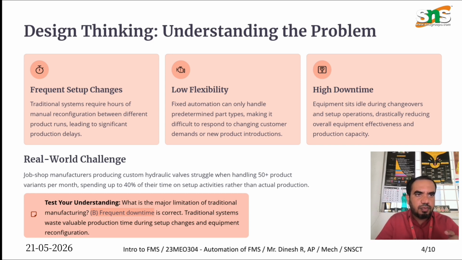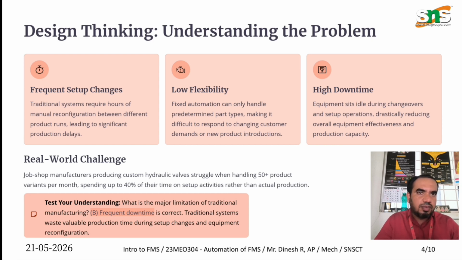For example, if we are producing a part and alter any design in that part, the traditional manual system takes more time to adapt to that change. But in a flexible manufacturing system, those changes can be easily handled by means of the FMS layout. That is what we call frequent setup changes.